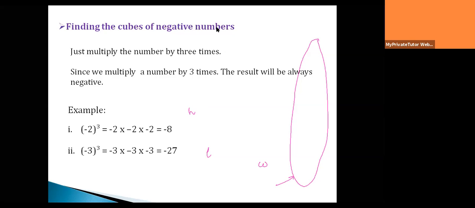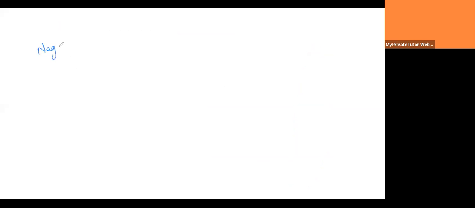Tell me a negative number. Let's take minus 3. So what is minus 3 cube? Here the base number is minus 3, so we are going to multiply this base number 3 times.